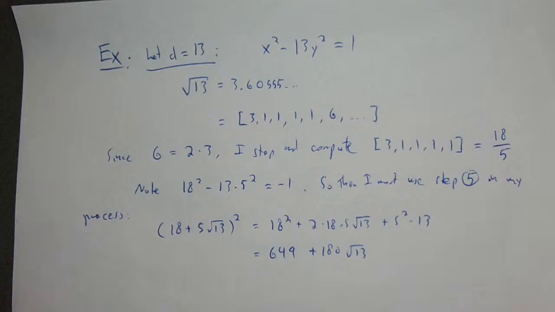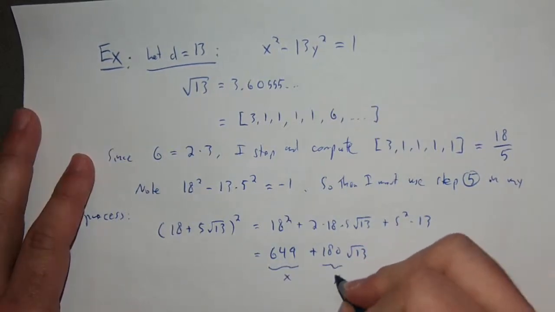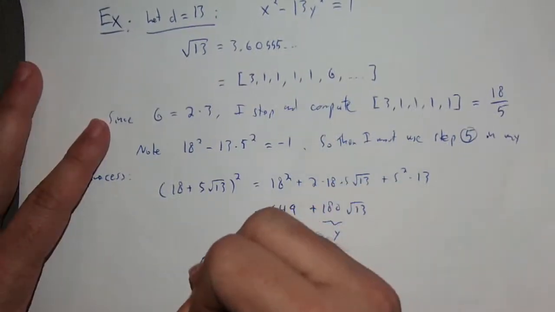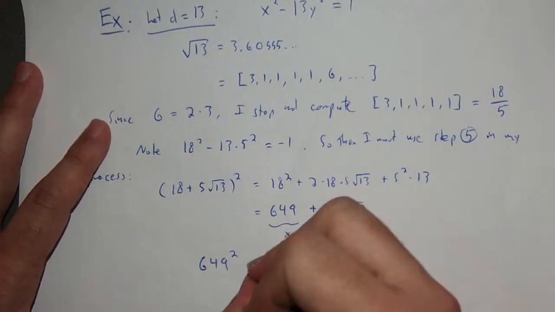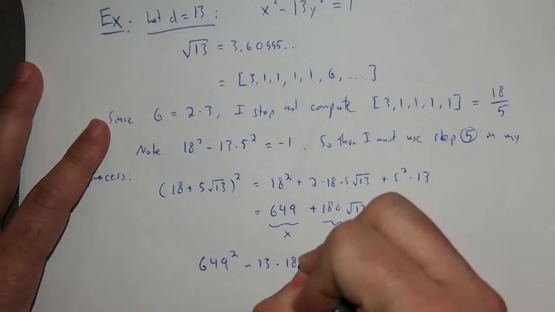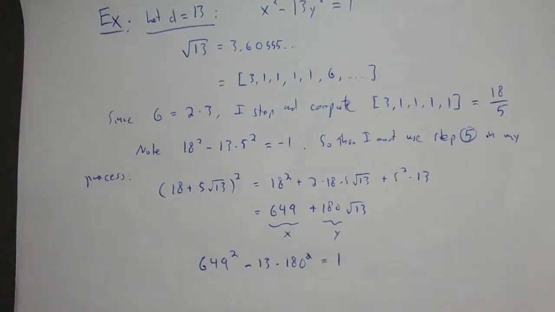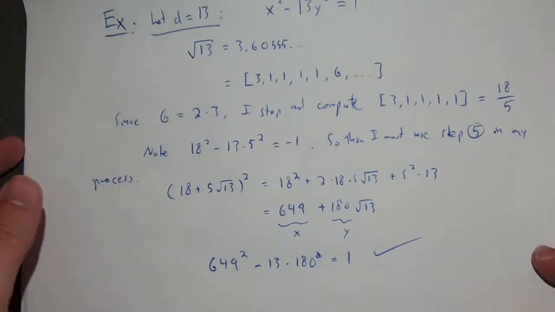That's what I get. Now I've written it in that conjugate form, so I take this as my x and this as my y, and I check that this actually works. So 649 squared minus 13 times 180 squared is indeed equal to 1. And so we have actually found a solution in this way.